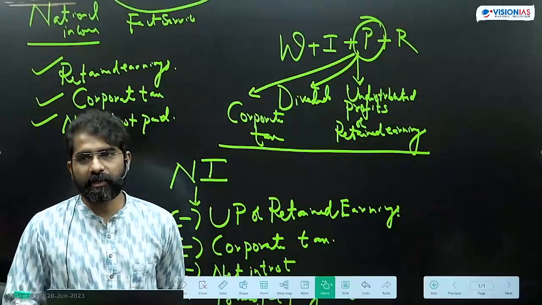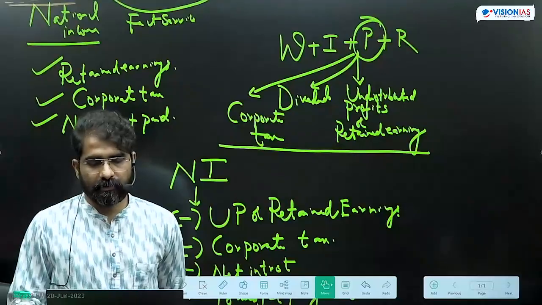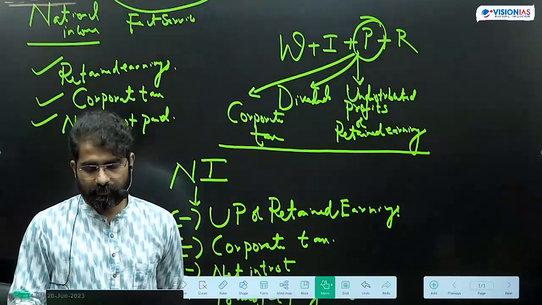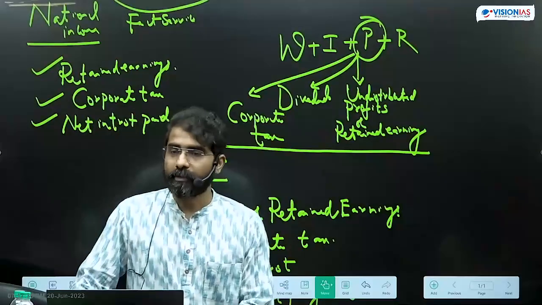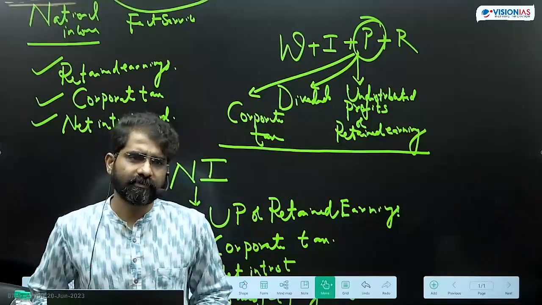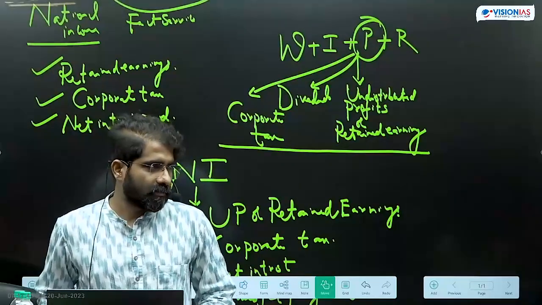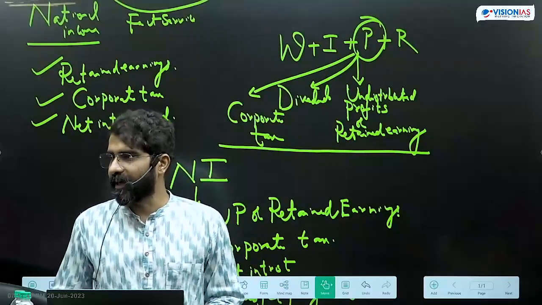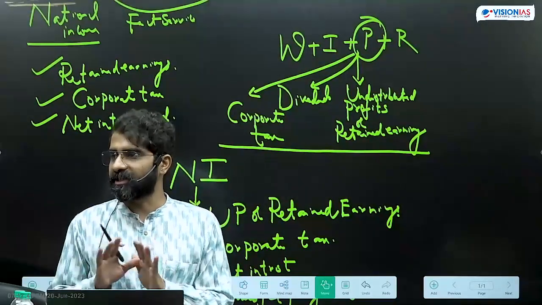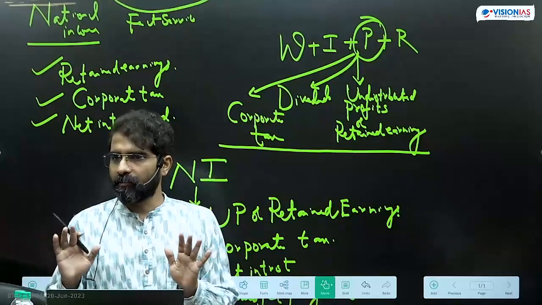Next, put the heading per capita income. What is this per capita income? Total income by total population. This is what we say, per capita income is total national income by total population.